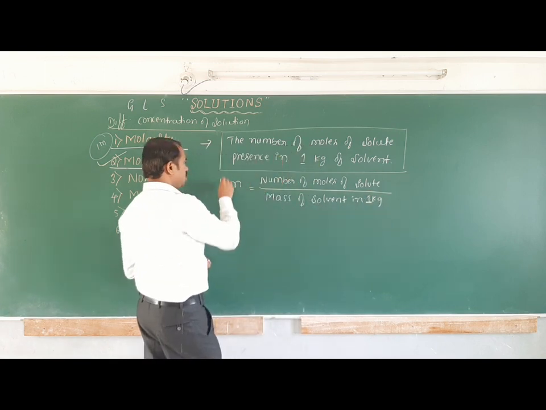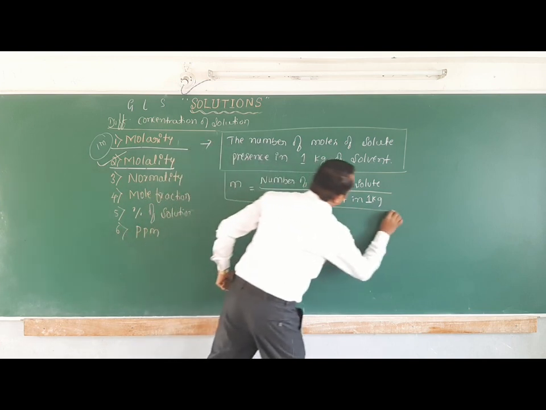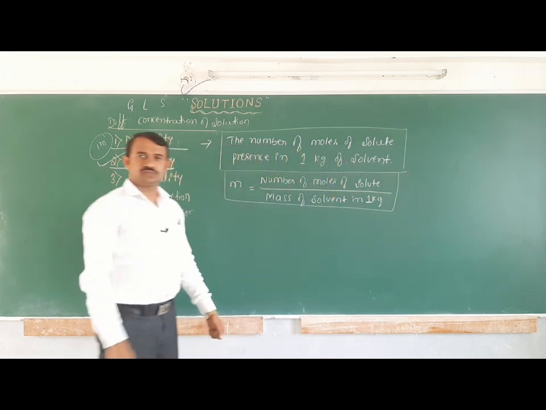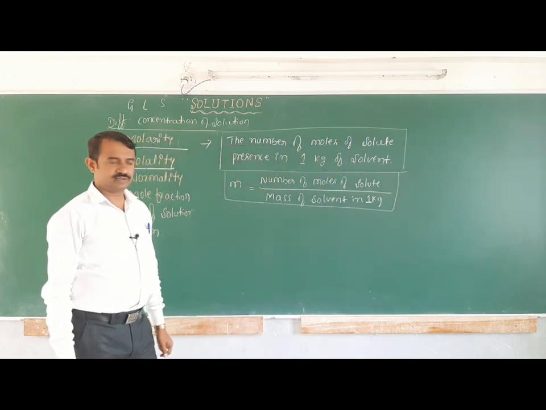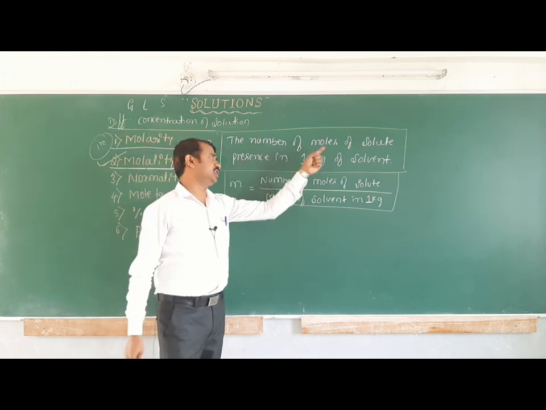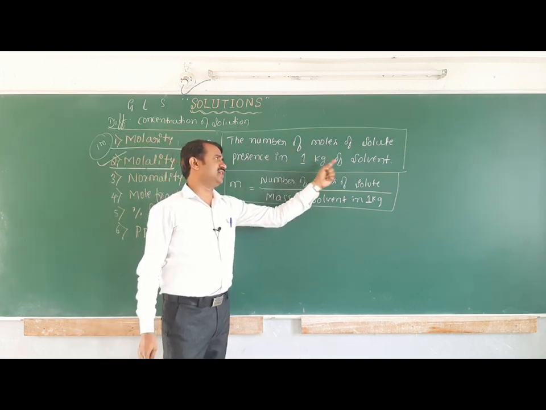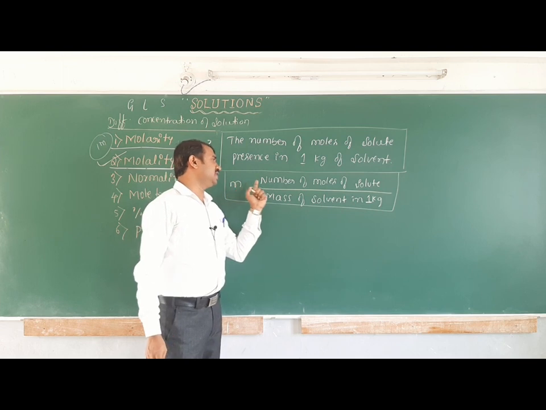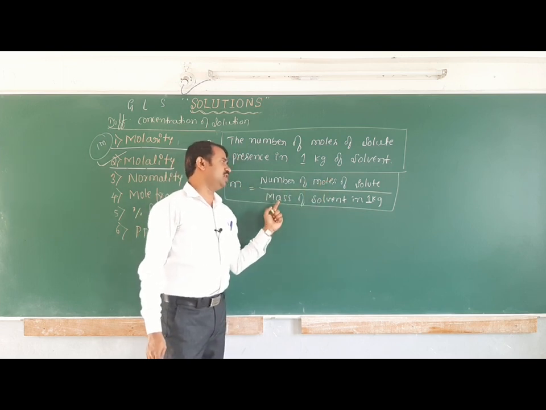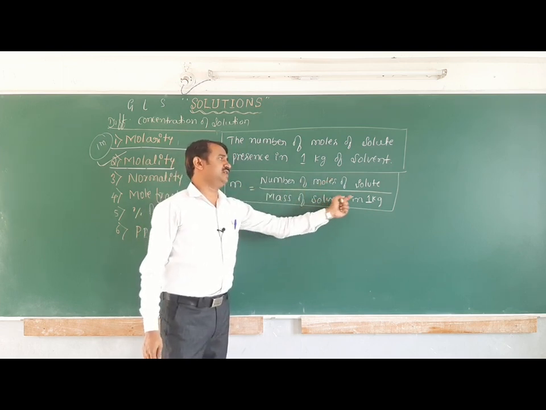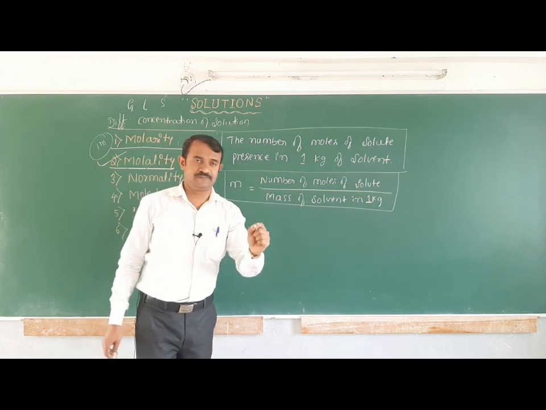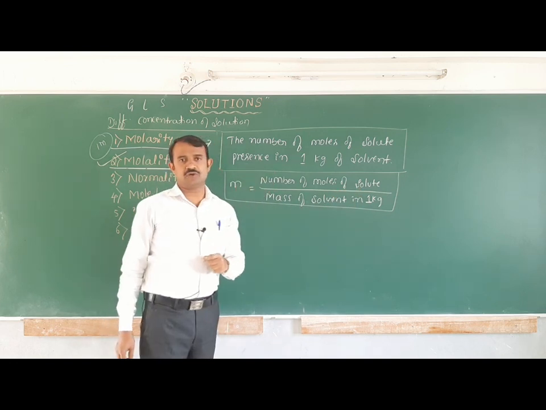This is also called molality. Whatever you can write: number of moles of solute present in 1 kg of solvent, or the number of moles of solute divided by mass of solvent in 1 kg is called molality.